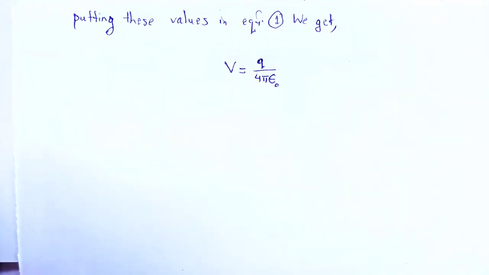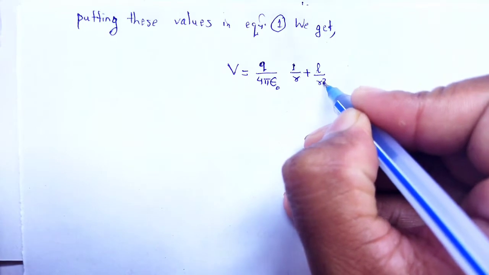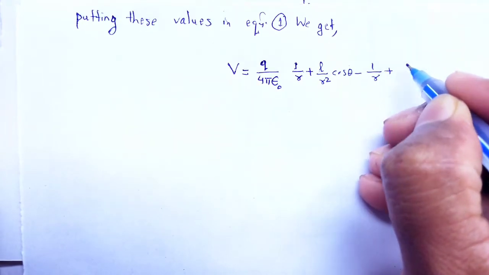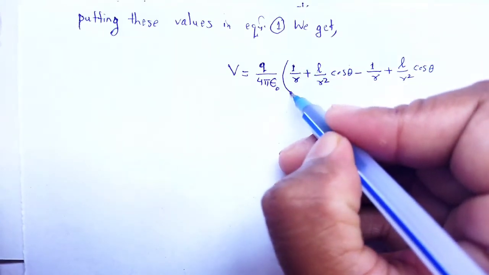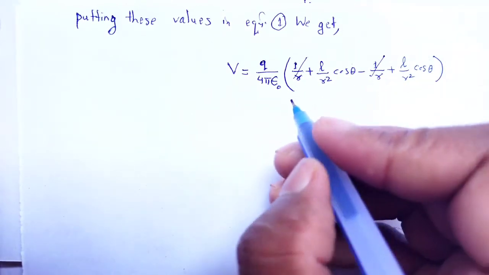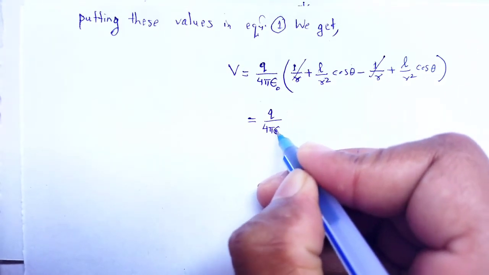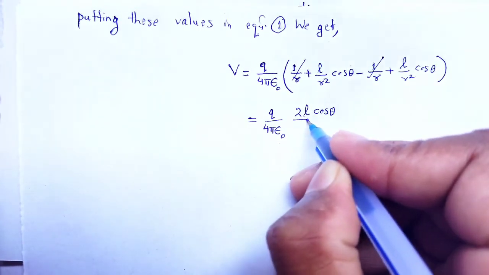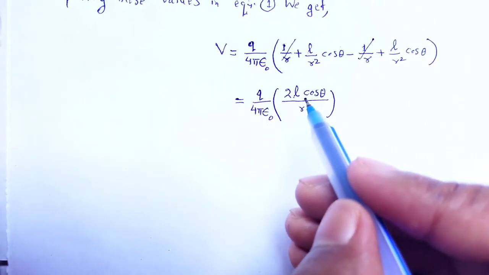So here we have 1 by r plus L by r square cos theta minus 1 by r plus L by r square cos theta. 1 by r minus 1 by r cancels out, that is Q divided by 4 pi epsilon naught times 2L cos theta divided by r square, Q into 2L.